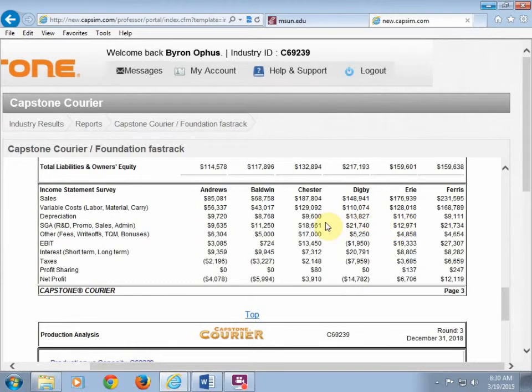But what do we know about Erie? What's their strategy? They're low end, aren't they? Low end niche, right? Low cost, low end. Okay, so they're trying to keep their costs down.